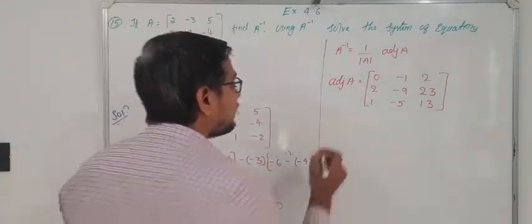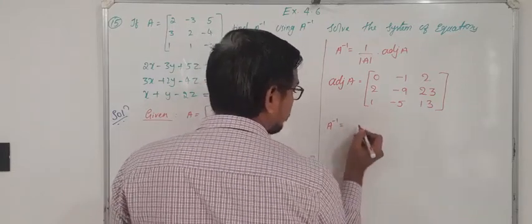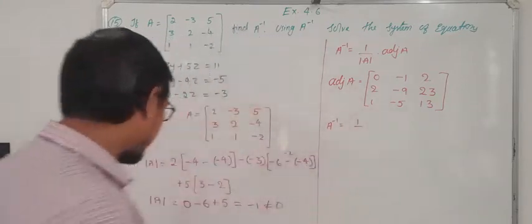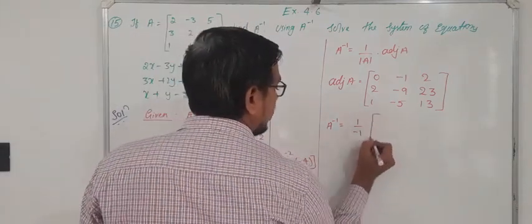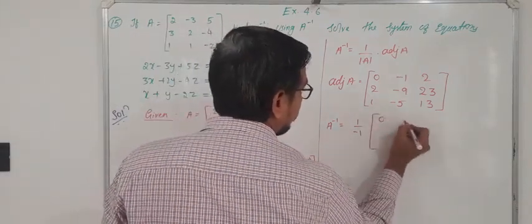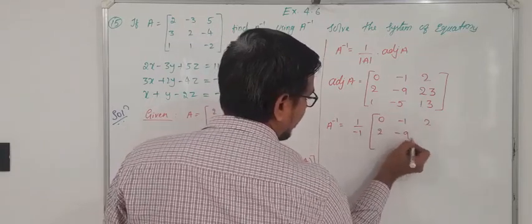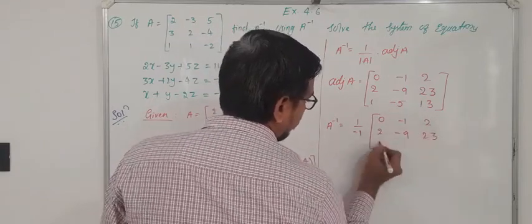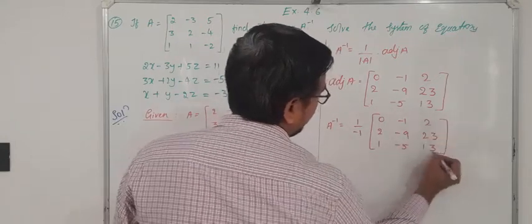So what will be A inverse? What is determinant A? Minus 1, into adjoint A, which is 0, minus 1, 2, 2, minus 9, 23, 1, minus 5, 13, right?